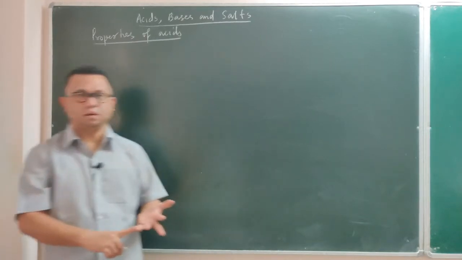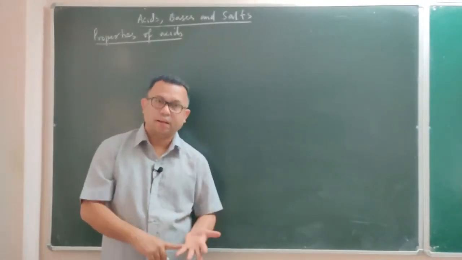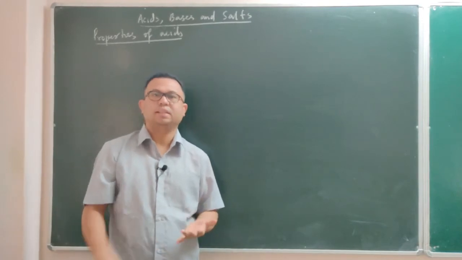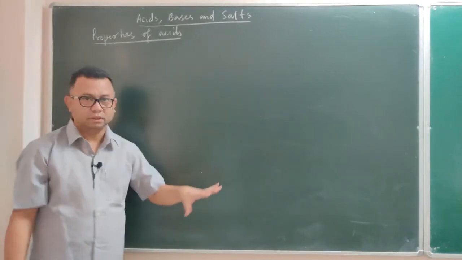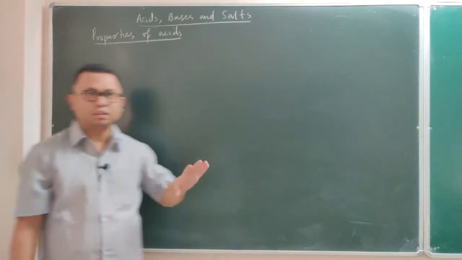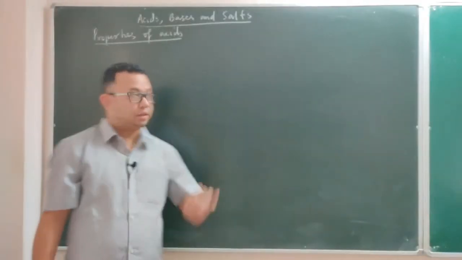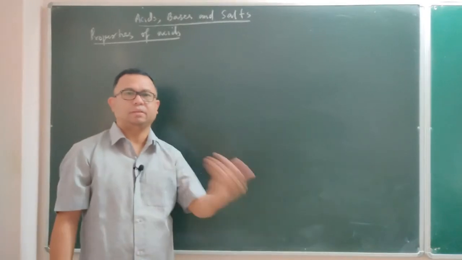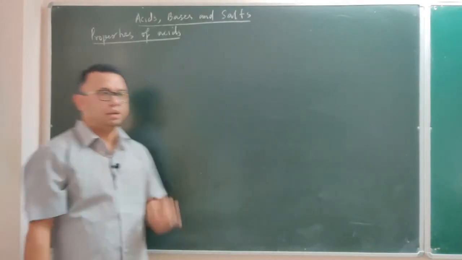Then nitric acid you are going to learn the same, sulfuric acid the same, and finally in organic chemistry you are also going to learn acetic acid. There also you are going to learn the same property. That is why what we are going to discuss today is applicable at 5 different places in your book. So learn it properly. If you learn it at one place, you have done the preparation for 5 different chapters of your book. That is why this is very, very important.